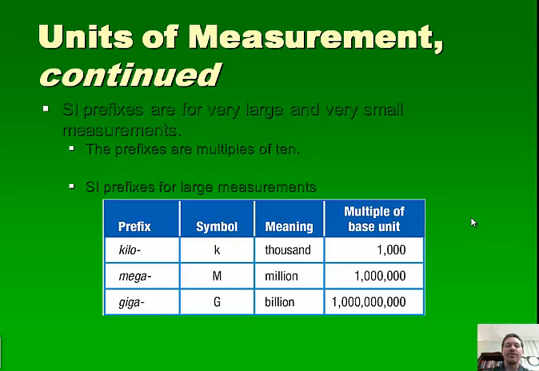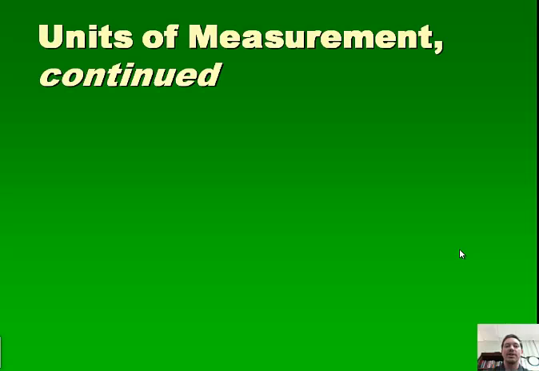We've got mega, which is capital M, which is million, and then we have giga. Most of you might be familiar with giga as in gigabyte. We use bytes for units of storage in electronics. You've heard of gigabytes. It's a billion bytes of information that can be stored.